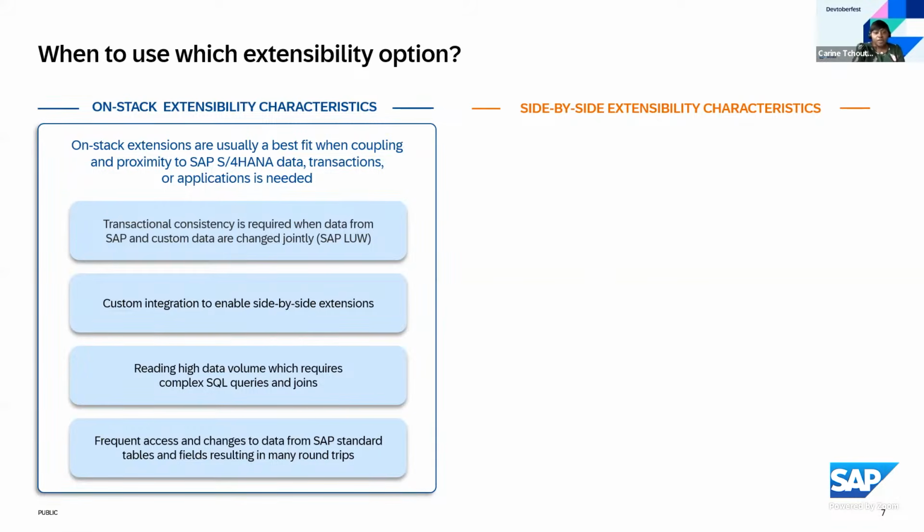For example, when there is a requirement for transactional consistency, so when the custom code must be performed in the same logical unit of work as the SAP standard code, because custom data should only be created when SAP data is created. Here it requires a high level of transactional consistency, and the on-stack option is the best fit.